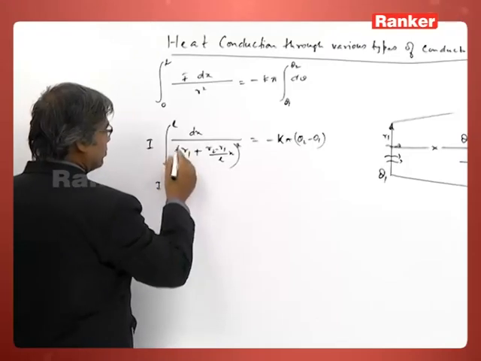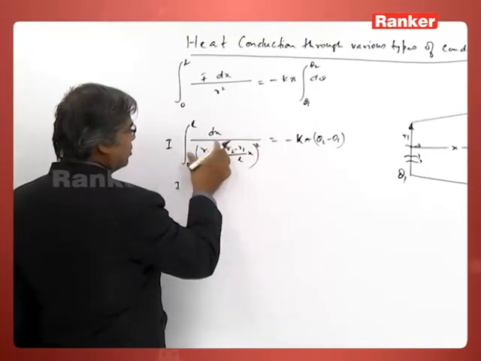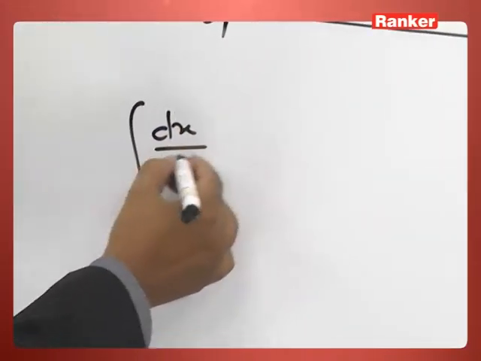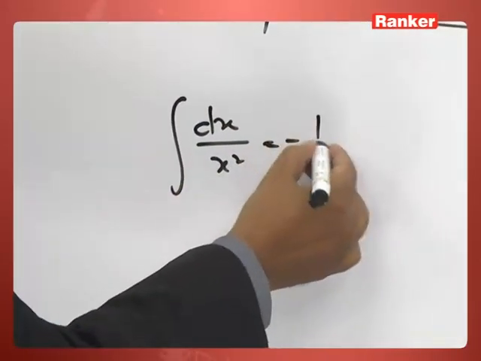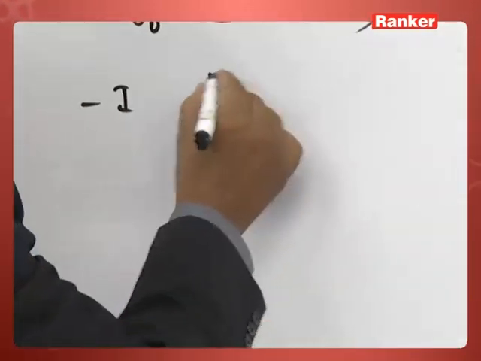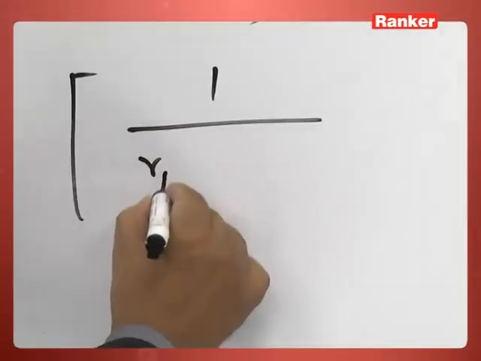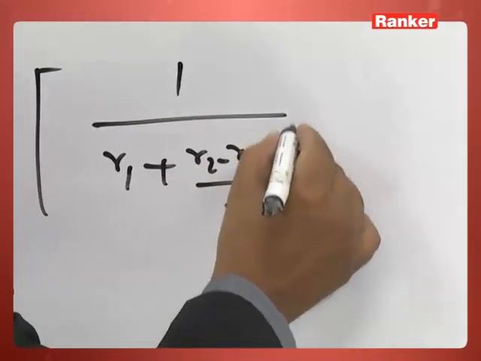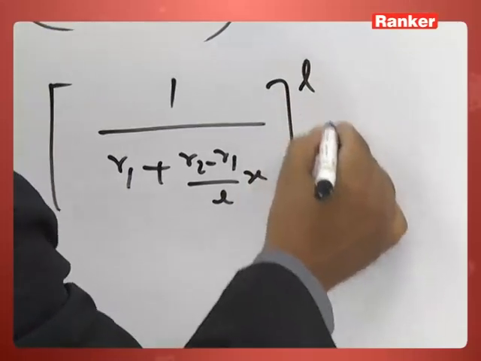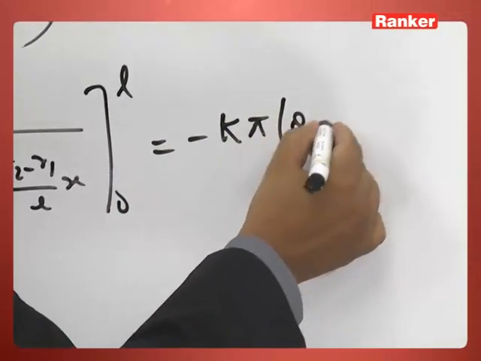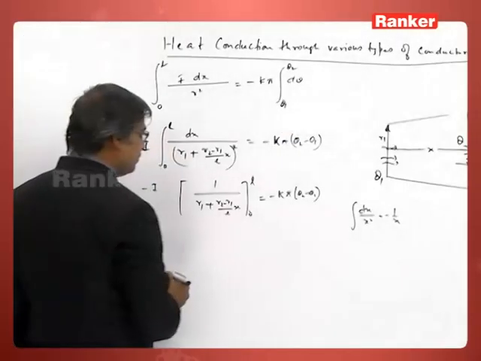Now, you see this is a square here, and this integration is of the form minus 1 by x. So, minus 1 by r1 plus r2 minus r1 by L into x, with limits from 0 to L, equals minus k pi theta 2 minus theta 1.